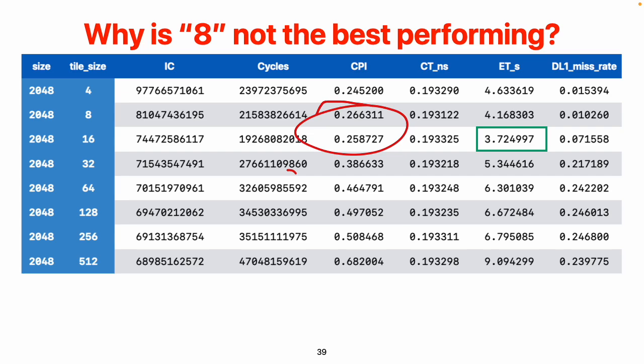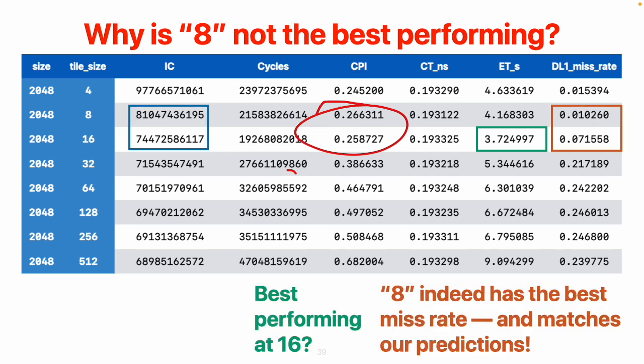Here, at least for now, you can conclude why, even though 8 has the best cache miss rate, it doesn't give us the best performance. It's because at some point, when your miss rate is lower than a certain threshold, what really controls the performance is probably not the cache miss rate anymore. Remember Amdahl's law? Now, we lower the miss rate to a certain threshold. We can definitely make it lower, but maybe not that important anymore. So right now, the instruction count matters.